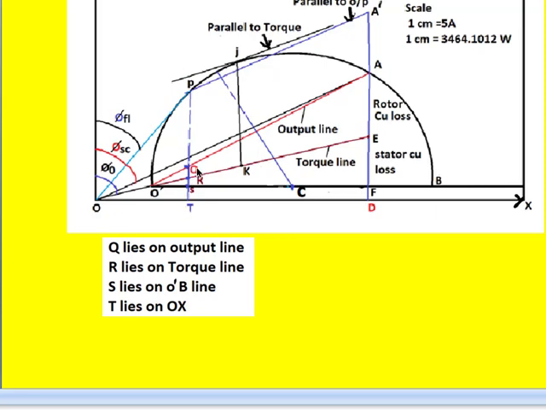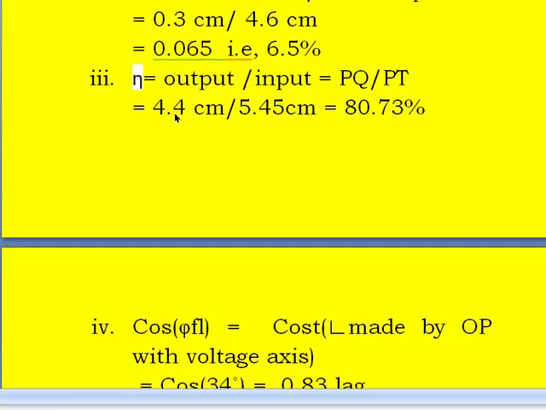Output by input is the efficiency of the motor. PQ length is coming as 4.4 centimeters, whereas PT is coming as 5.45 centimeters. So we get 80.73% as the efficiency of the motor.